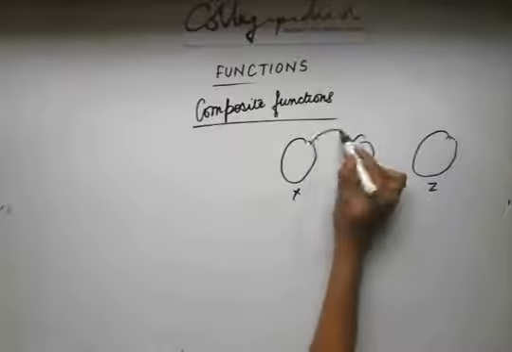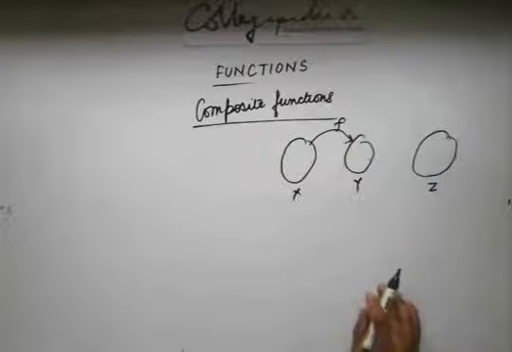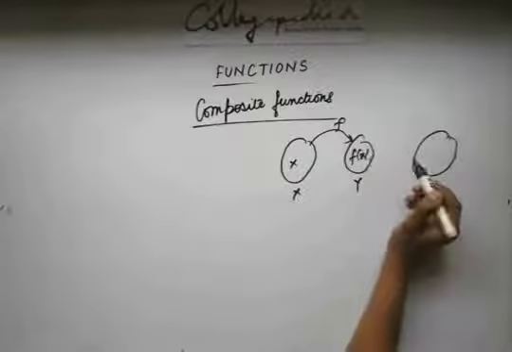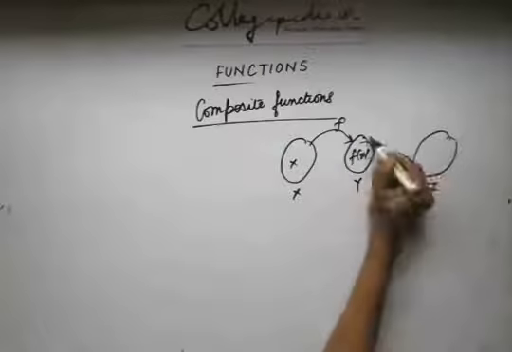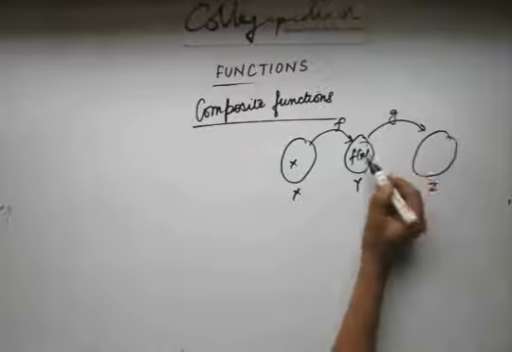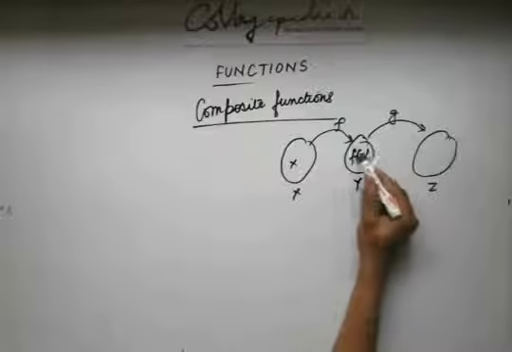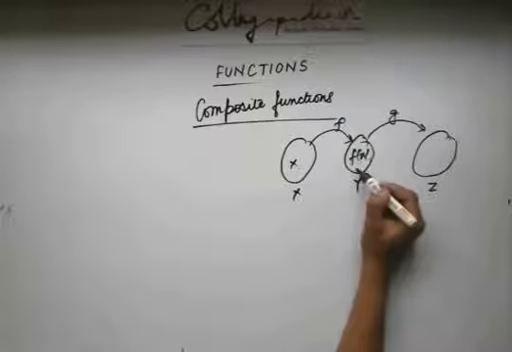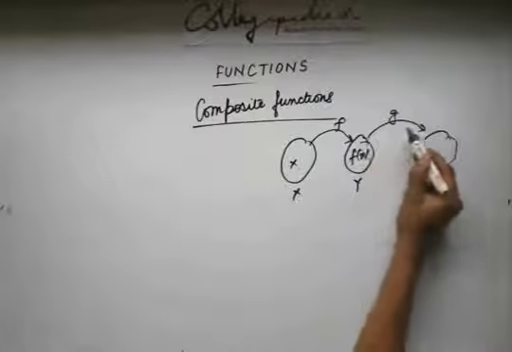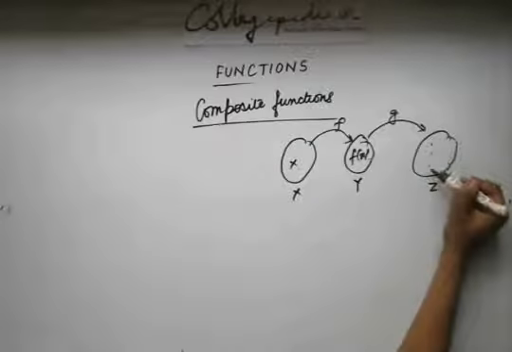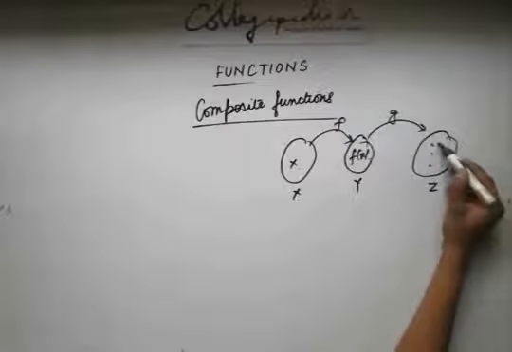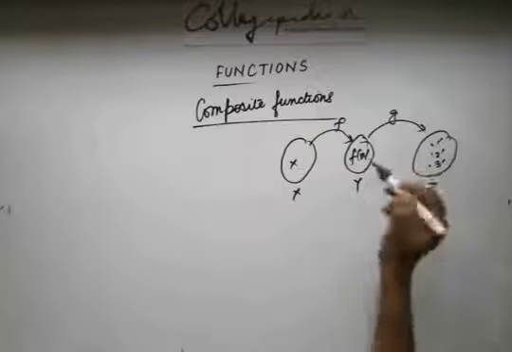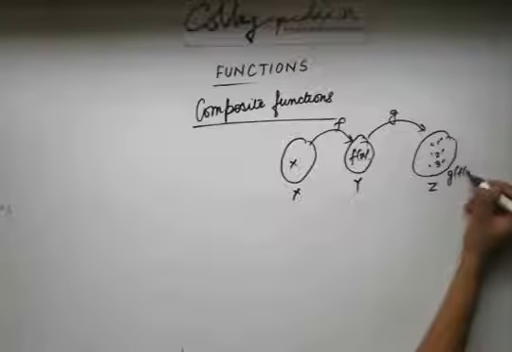There's a function which relates x to y, so I get f(x), and there's again a function g which takes the images of x as its domain. Suppose I have three images as 1, 2, 3. Now these three images become the domain of g, and I get some images here as 1 dash, 2 dash, and 3 dash. So this is f(x), and this one is g of f(x).